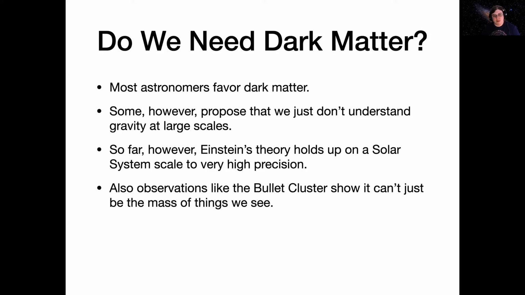And the other problem with maybe we don't understand gravity is that we've done some pretty good detailed tests in the solar system. We've measured the effects of Einstein's theory of general relativity at a very large scale as we, for instance, talk to spacecraft that are orbiting the outer planets.